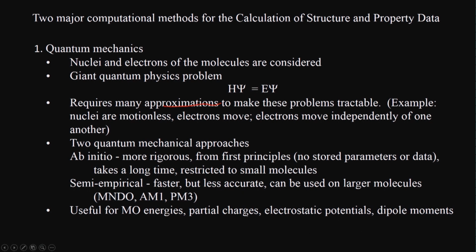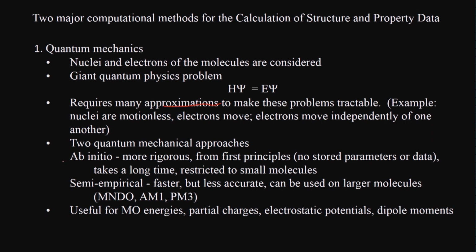These are very useful when you want to consider how a ligand goes and binds into the active site. I want to know the electrostatic forces and the partial charges, and all this information can be obtained from this. There are no stored parameters in the ab initio method, whereas semi-empirical methods assume some parameters, which makes the calculations much simpler. So, this is the quantum mechanics method, with two divisions: the ab initio and the semi-empirical.